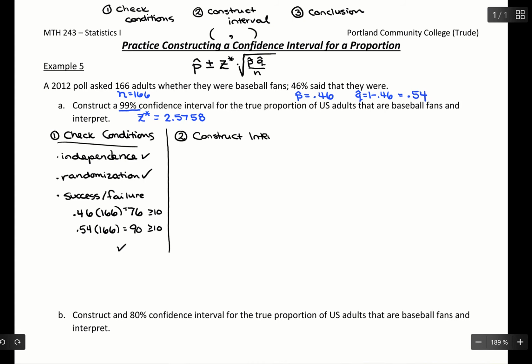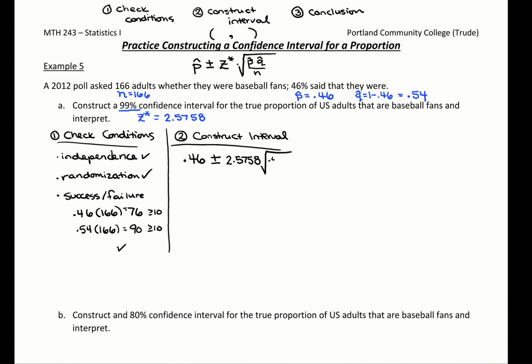And now we go to use that formula above. So we take our sample proportion, which is 0.46. We're going to take plus or minus, and then 2.5758 times the square root of 0.46 times 0.54 over 166.